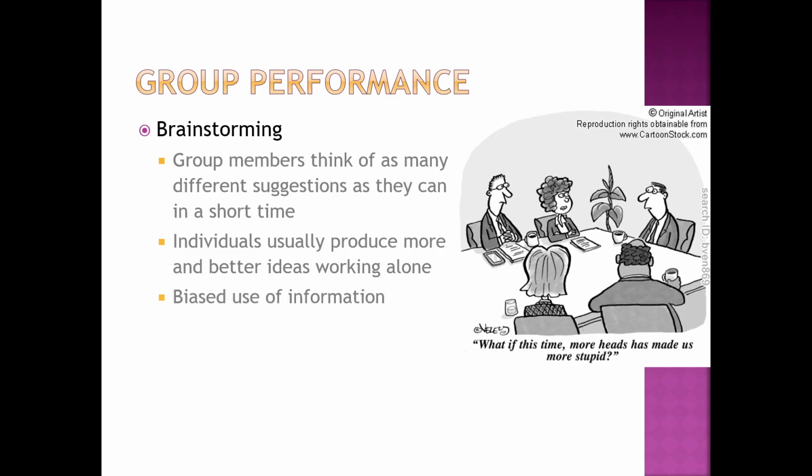One of the things that happens in brainstorming is this biased use of information. When one person suggests an idea and then another person says, oh yeah, that was my idea also, we all start to focus on that shared information instead of thinking to ourselves, well, what else could we think about? What other solution?